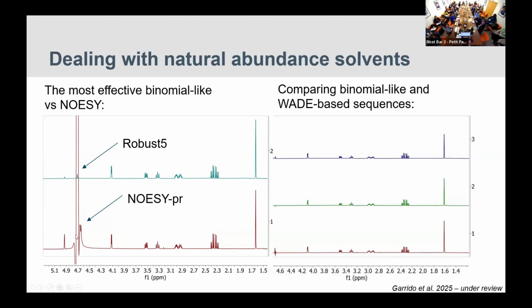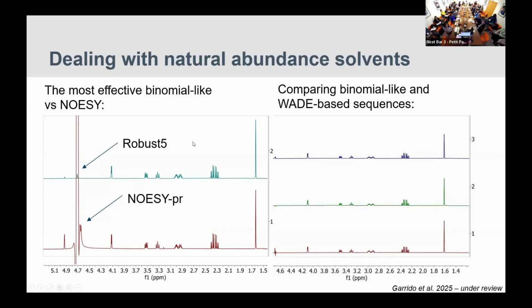So this is the same spectrum that you saw earlier for NOESY. It looked good at that time, but now compared to the Robust 5 sequence, you can see that the suppression produced by the Robust 5 sequence is much better, and you can't even tell that this was done in natural abundance solvent.